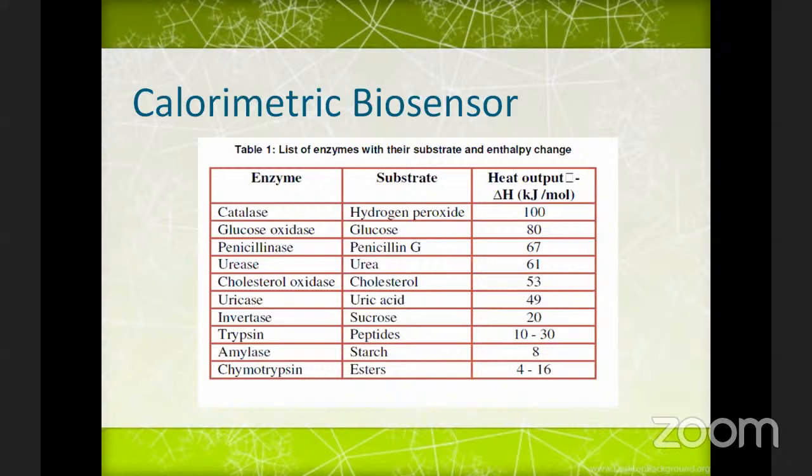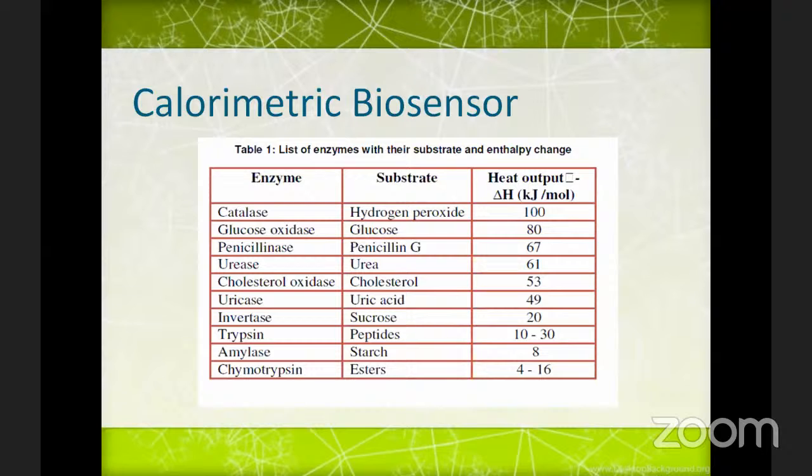During the exothermic reaction, 80 kilojoules per mole of heat energy will be evolved, which is very low, and it is very difficult to observe this heat variation. By employing a highly sensitive and highly accurate transducer, it can be measured.